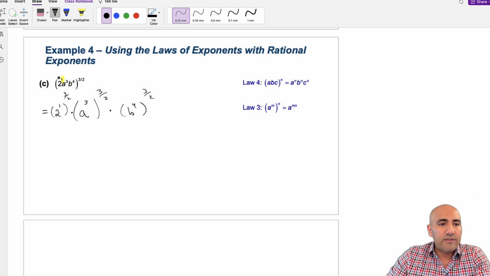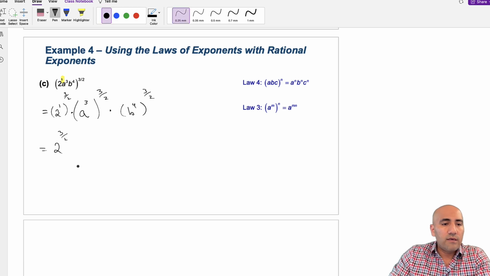Okay, so it's kind of like a distribution. I'm going to take each one of these terms and raise it to the power of 3/2, which in the first case just becomes 2 to the power of 3/2. In the second case, we have a to the power of 3 times 3/2, and then in the fourth case here, we have b to the power of 4 times 3/2.